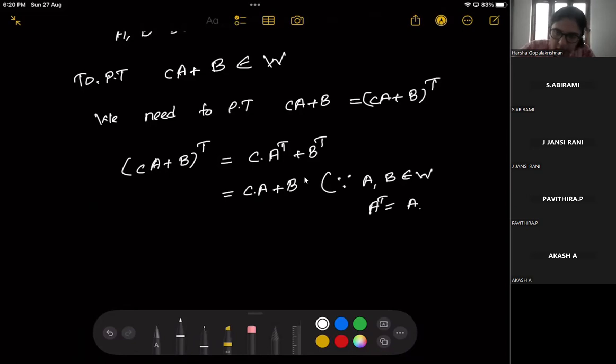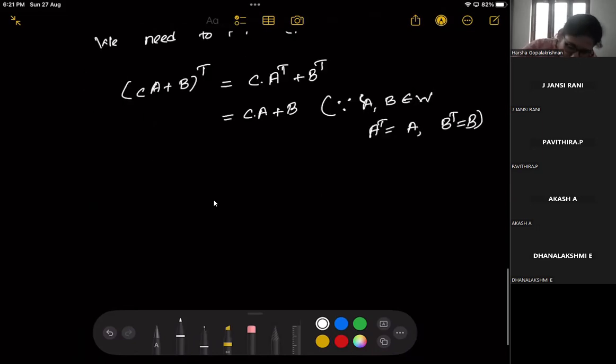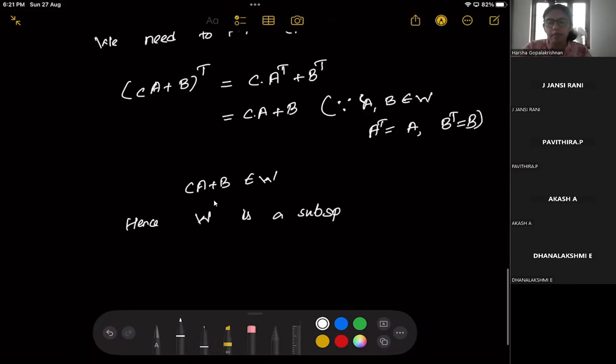So what we will get is A transpose equal to A and B transpose equal to B. Clear? So we got cA + B also belongs to W. Hence this W is a subspace of V. Now, our question is to find the dimension of this W.